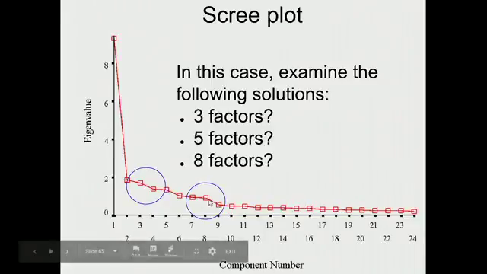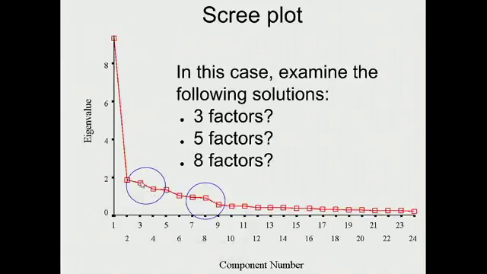And then you can see another drop-off down here at sort of 7 to 8. So the drop-off occurs after 8. So in this case, I might be looking at maybe 3, or maybe I look at this 5, or maybe 8. So I'm looking for where there's a sudden drop.